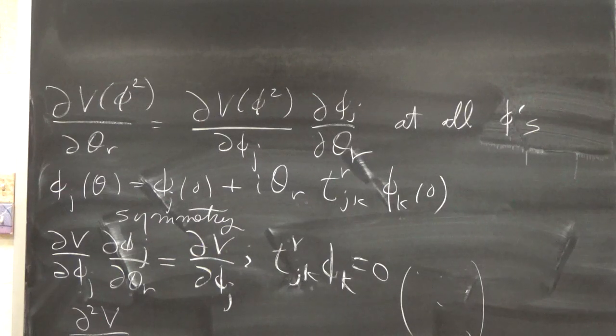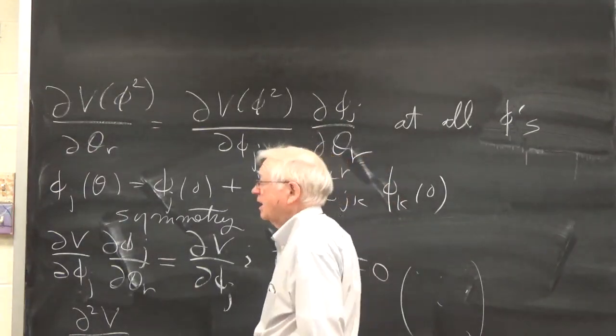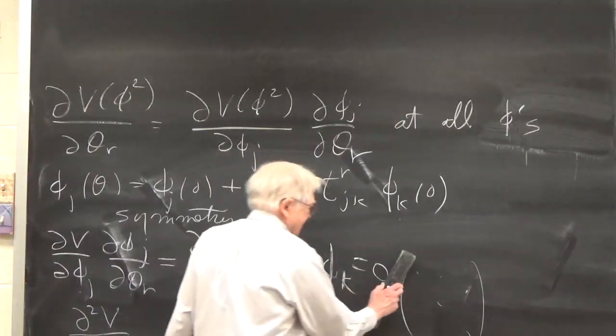Those are the 2 possibilities for the generators T. All right, anyway, let's not fuss with this. These are the Hermitian generators of O(N), and they're apparently real and anti-symmetric. I think that's probably right.